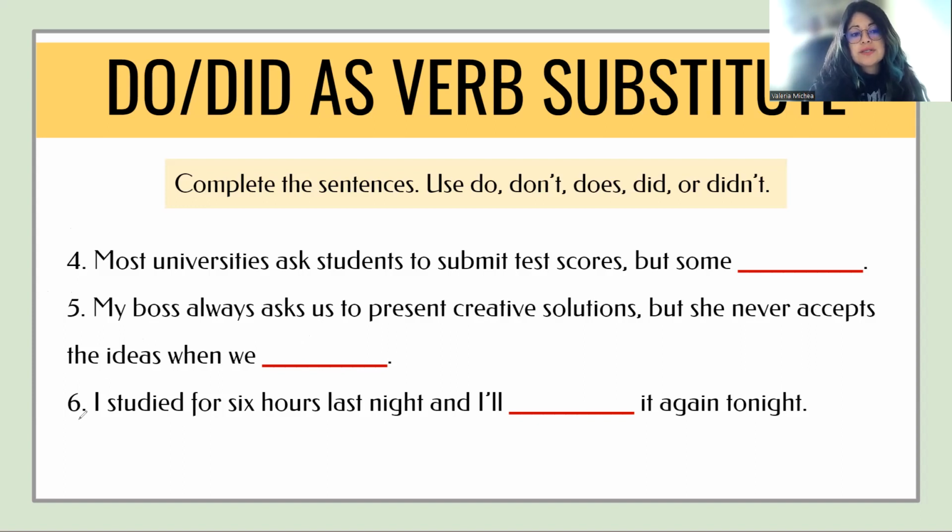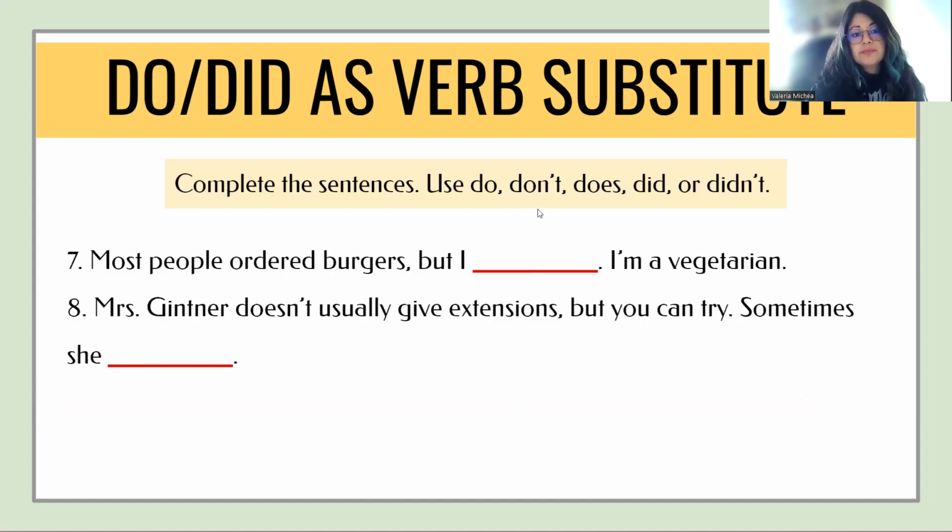Let's go with number 6. I studied for 6 hours last night and I'll eat again tonight. So what goes here? Ask yourself the same questions I asked you previously and find out the answer. Now let's go with number 7.